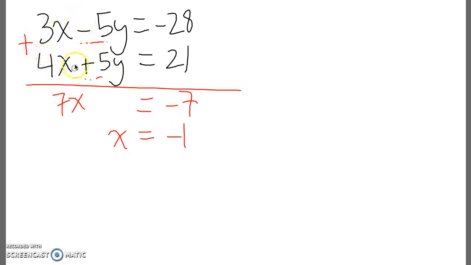We can't do the same trick as last time because if I subtract these, my x's won't cancel. Notice that 3 and 4 don't cancel each other out. So what I'll do instead is a substitution. I can start with either equation, and instead of writing x, since I know that x is equal to negative 1, I'll just do my substitution right away. So x equals 3 times negative 1, and then the rest of the formula stays the same.